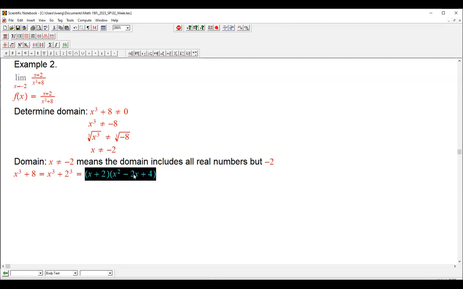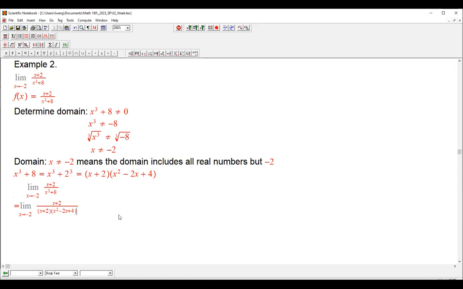Now, with this factoring going on, we can continue to simplify to see if we can reduce it. And sure enough, when we replace the denominator by its equal, we get x plus 2 as a common factor, because x is approaching -2 but not equal to -2.